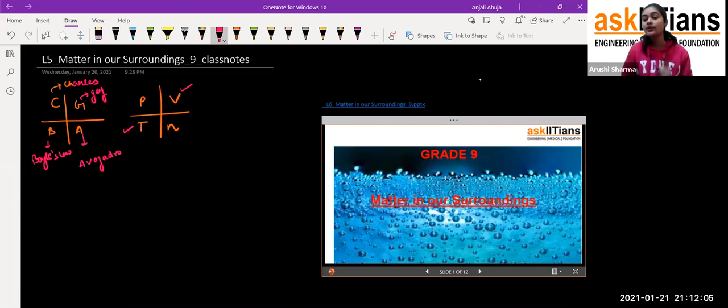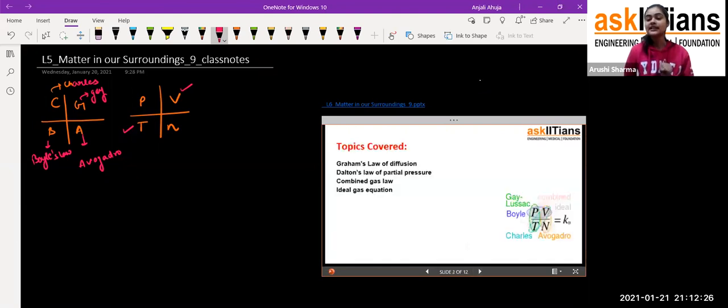I have also told you that if we have different gases in the same volume, all of the gases have the same number of molecules at constant temperature and pressure. That is Avogadro's law. So these are the laws which we have studied till now.